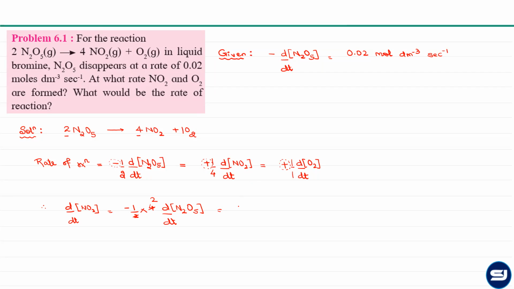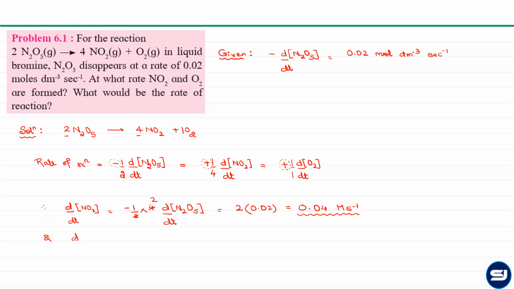Finally, it will be 2 times. Now the value which is given is already the rate of consumption or disappearance, meaning the value of negative d[N2O5] by dt is given. So it will be 2 times 0.02, which will be equal to 0.04 molar per second. Mole per dm cube per second, or you can also write it as molar. So this is the first part.